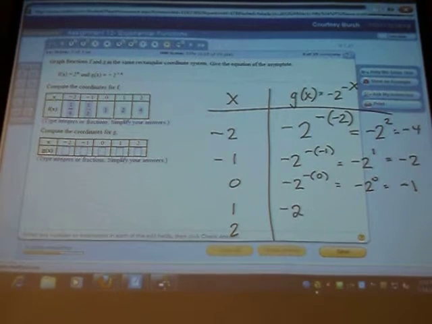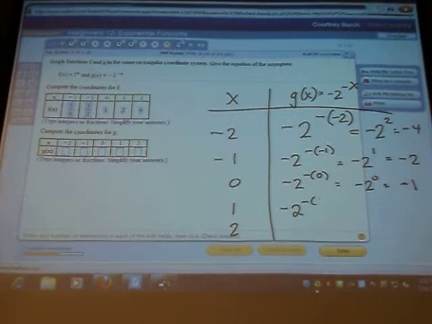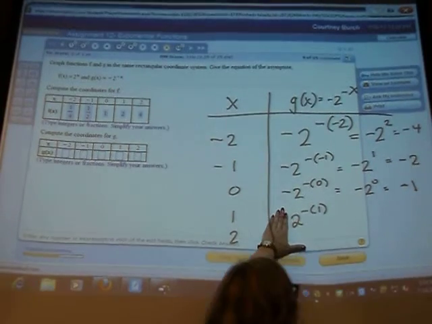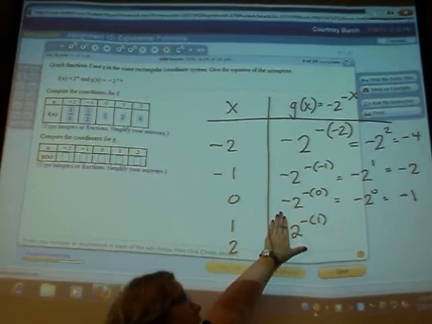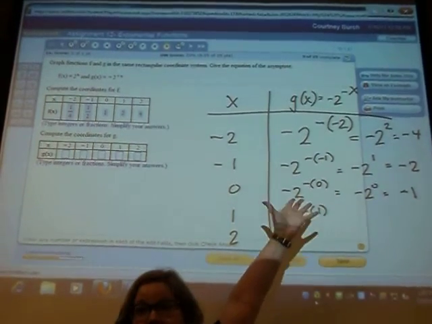Okay, and then I've got negative 2 to the negative 1 power. What's negative 2 to the negative 1 power? First of all, just ignore the negative in front. What's 2 to the negative 1 power? That'll be 1 half, then put the negative in front. So negative 1 half.